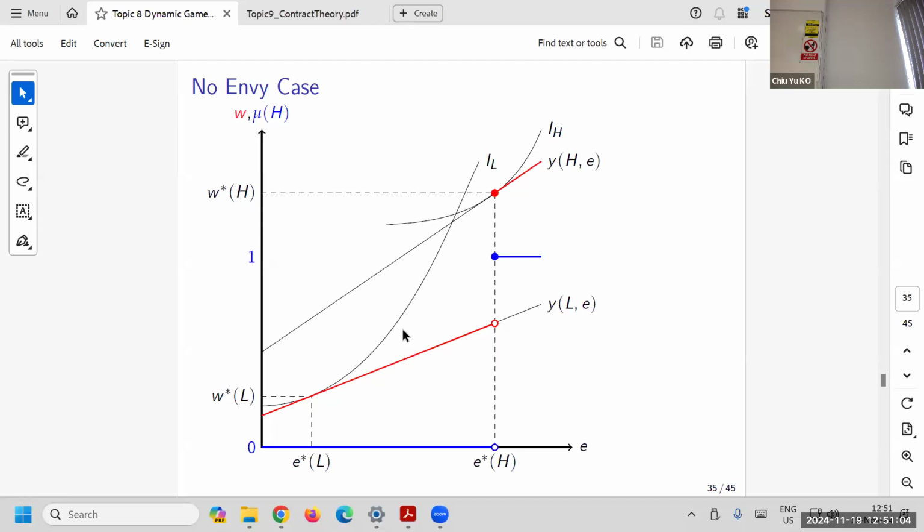But of course, this is too good to be true, because usually this is not the case. Usually the case is the NV case. The no NV case is very simple, and it doesn't pose a problem, because even though I don't know who you are, the low type doesn't want to be the high type, so they separate by themselves. This is low type, this is high type, and then we're done.